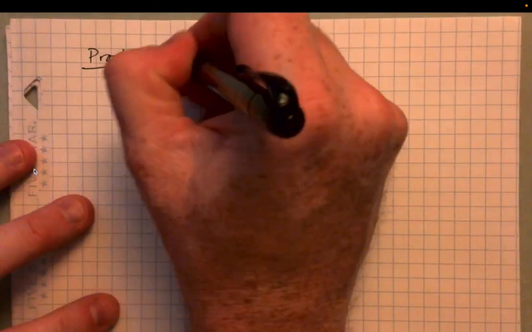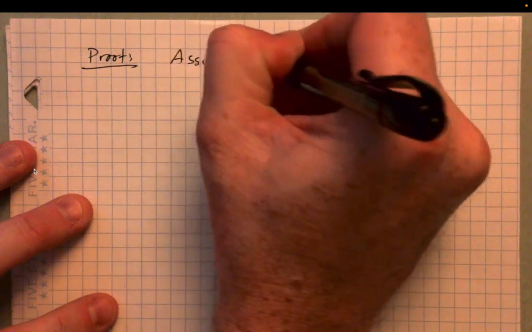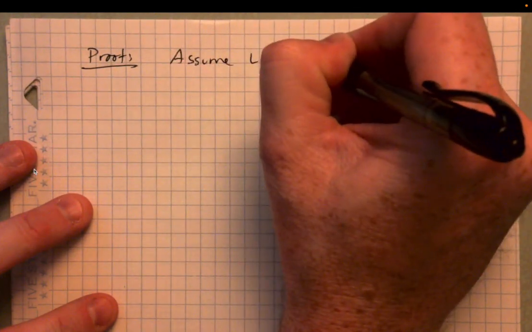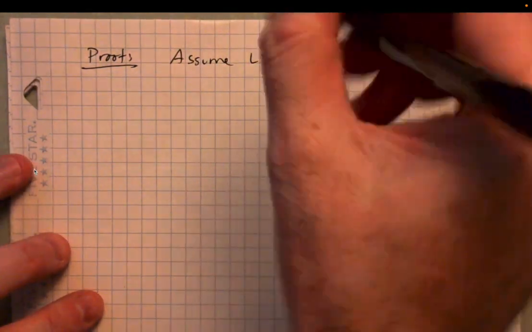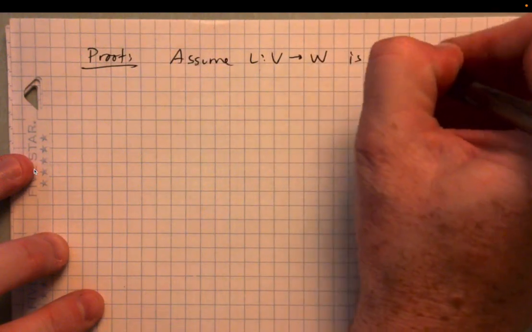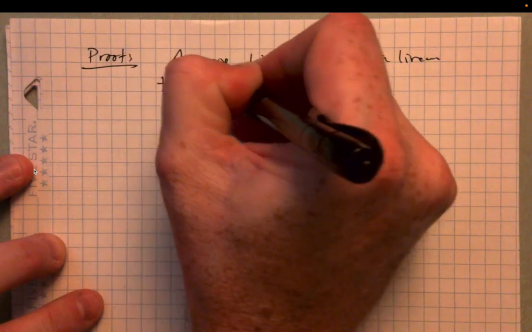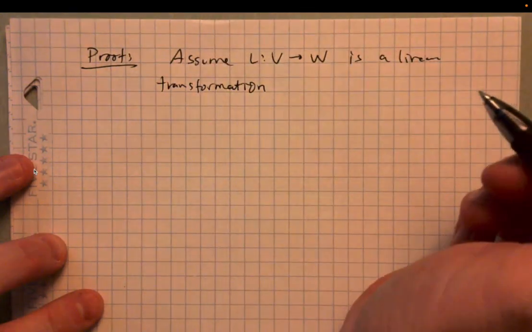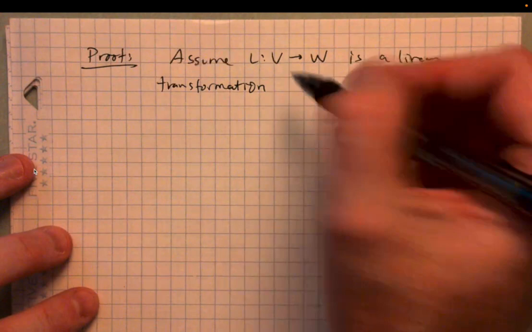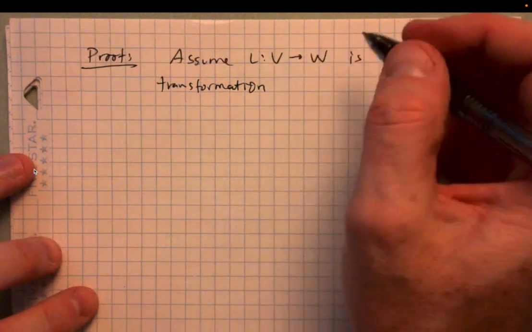Okay, so we're going to naturally assume that L is a linear transformation from a vector space V to W. It's a linear transformation. And then the other thing we have to assume is the dimensionality of V is finite.